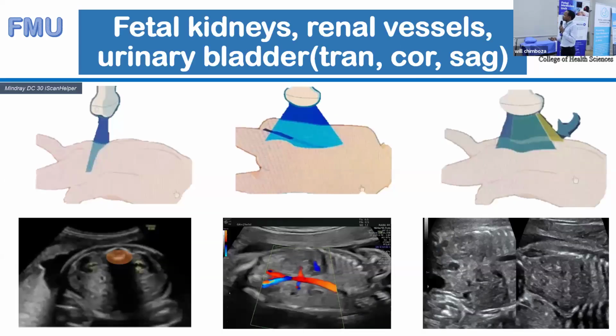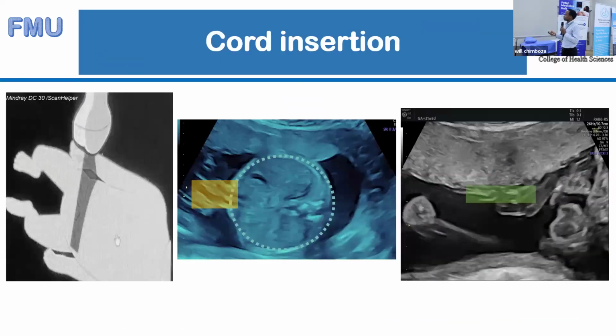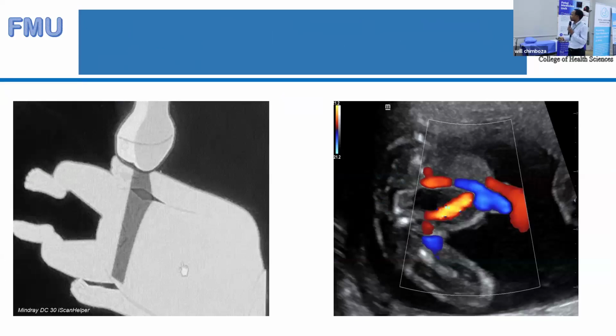When we get to the fetal bladder, we assess the bladder, the size of the bladder, and we also measure it, and we also measure the thickness of the bladder walls, and then we should also see the umbilical arteries as they encircle the urinary bladder.